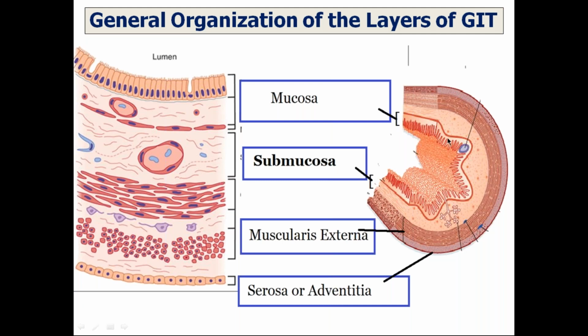Outer to the submucosa you have the external muscular layer, which comprises 2 layers, the longitudinal muscle layer and the circular muscle layer. The outermost layer is the serosa or the adventitia. This is the layer which attaches the GIT to the abdominal wall by means of the mesenteries.